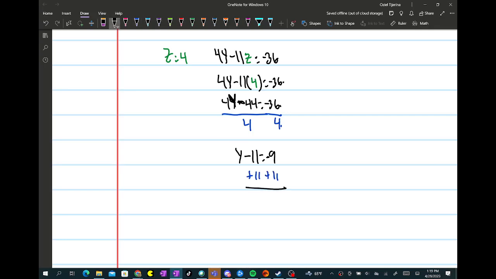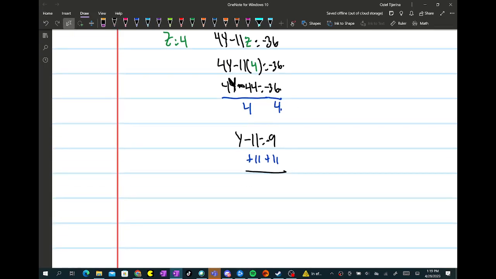And you get that y is equal to 8, I think. Or not 8. Wait, is it 8? Negative 9 plus 11? No. 2, excuse me. y equals 2.